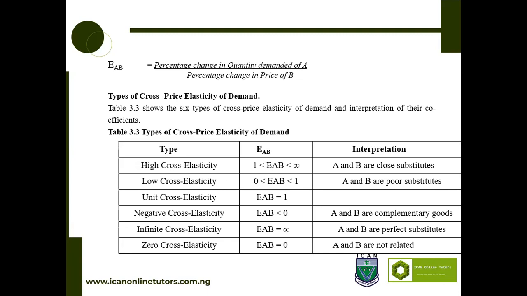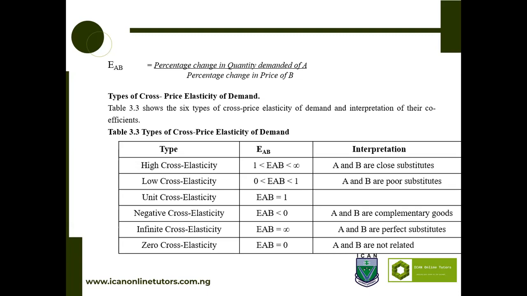We have no cross elasticity of demand when the cross-price elasticity of demand is less than 0 or greater than 1. That is, A and B are poor substitutes. Demand of one commodity will be different from the changes in price of another commodity.